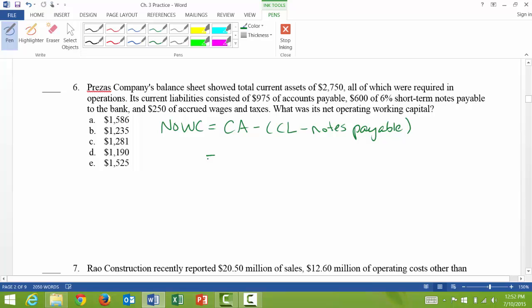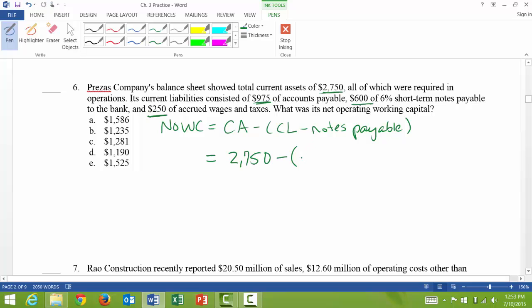So they gave us current assets, 2,750 minus, and then current liabilities would be the sum of the 975, the 600, and the 250. Now you could do this one of two ways. You could just add up all the current liabilities and subtract notes payable, or you could just add up accounts payable and accrued wages. So I'll just do it the way that it says.